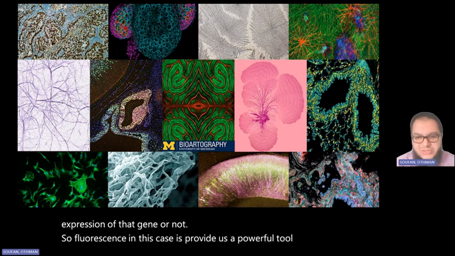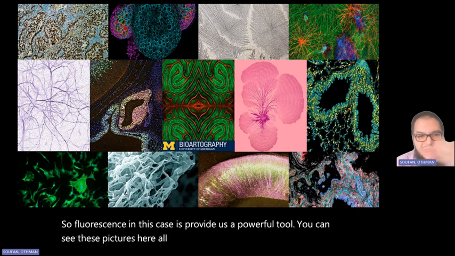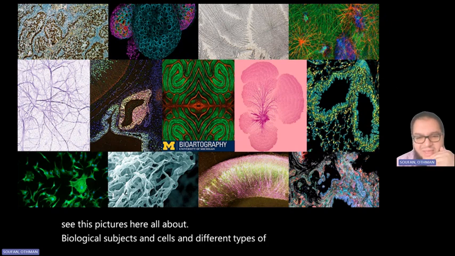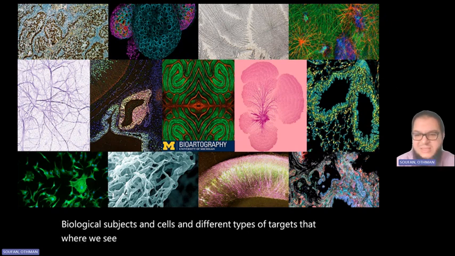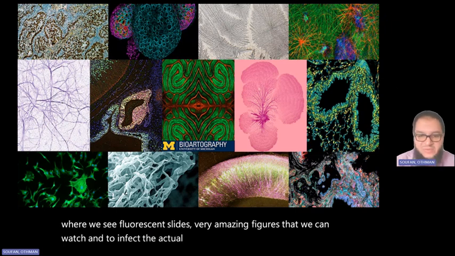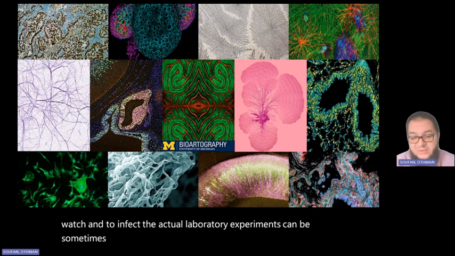You can see these pictures here, all about biological subjects and cells and different types of targets where we see fluorescence slides. Very amazing figures that we can watch. In fact, the actual laboratory experiments can sometimes be fun to do.